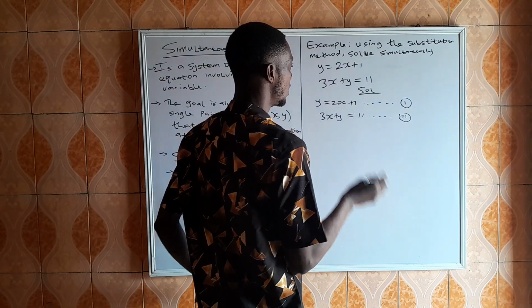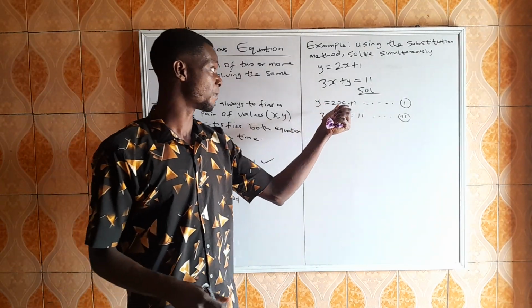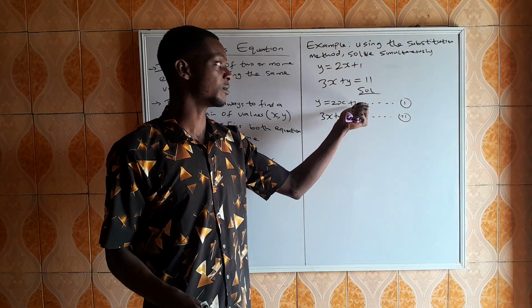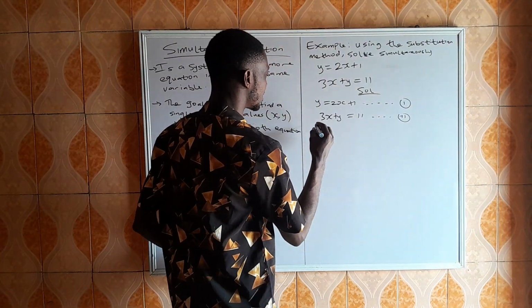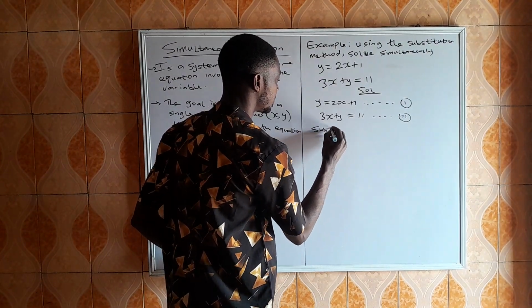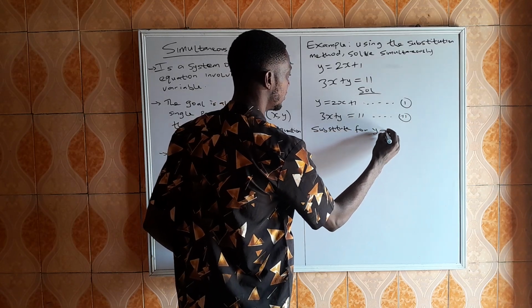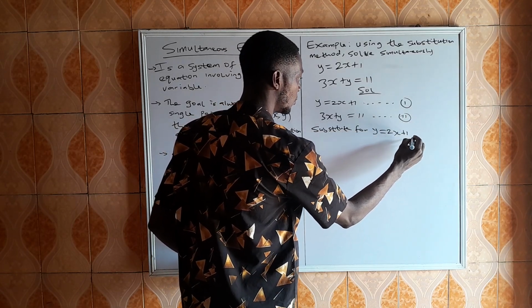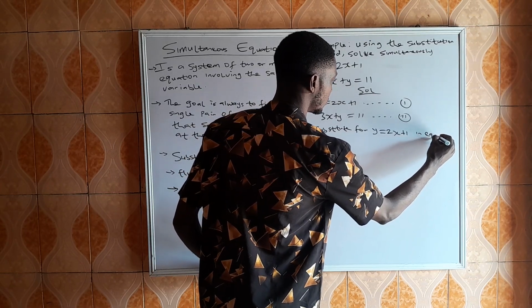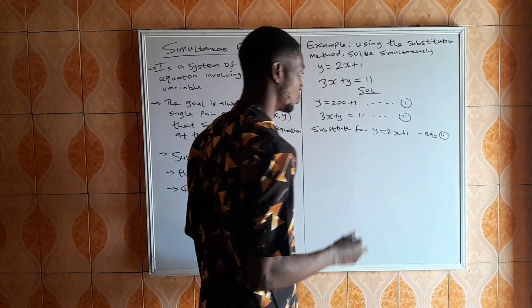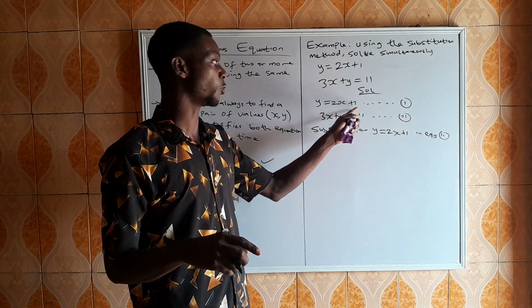Now, from the first equation, you already have y equal to 2x plus 1. From equation 2, you can substitute y equals 2x plus 1 in equation 2. That means in equation 2, anywhere you see y, you put 2x plus 1.